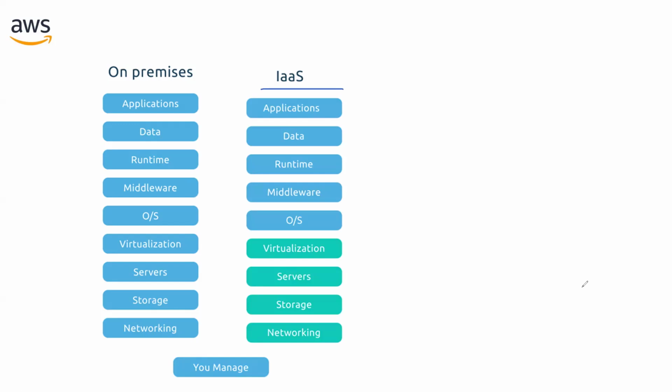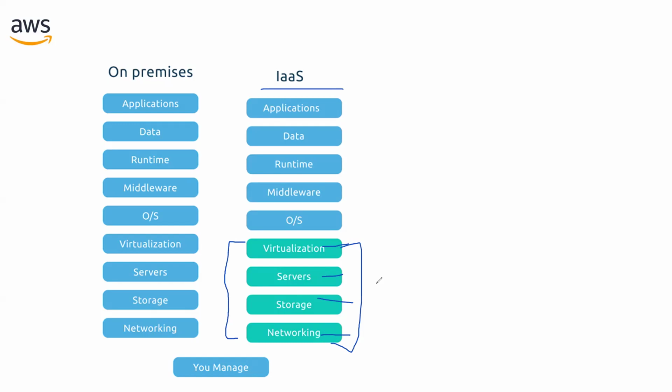Now we are going to talk about the first cloud computing model, which is IaaS. What does IaaS stand for? Infrastructure as a service, right? Whenever I talk about infrastructure as a service, the green color boxes you're seeing are network, storage, server, and virtualization. This is all managed by whom? Cloud vendor.